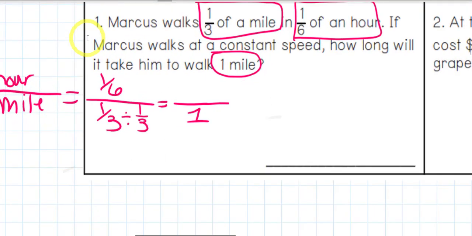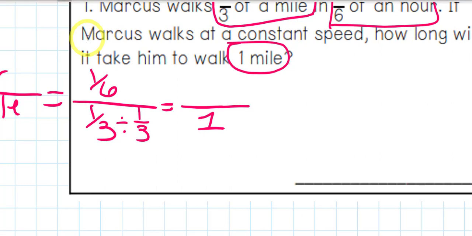So when we are using the unit rates, we're not going to do this. We're going to skip this step, and we're going to immediately multiply by the reciprocal. And if I multiply the denominator by the reciprocal, I will do the same thing with the numerator. Okay? So every time we're doing these with fractions, you're going to just multiply the numerator and the denominator by the reciprocal of the denominator.